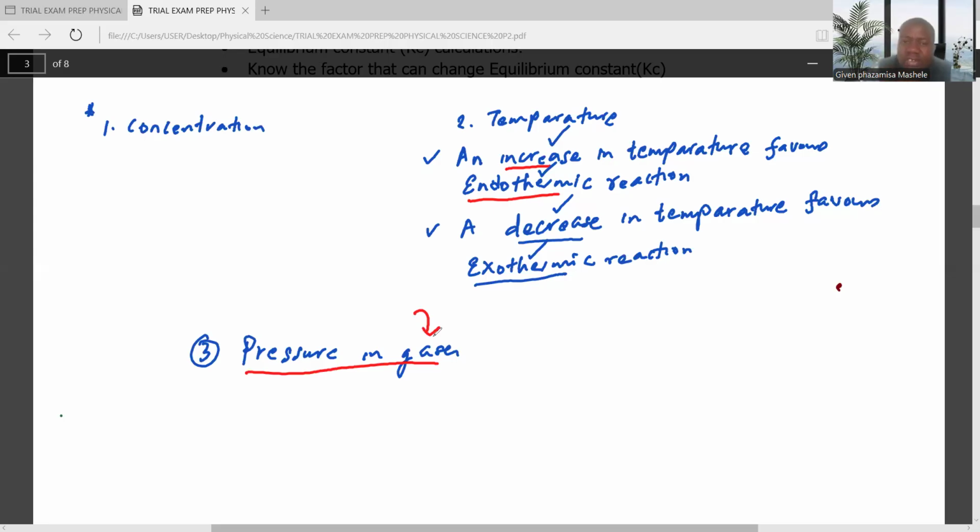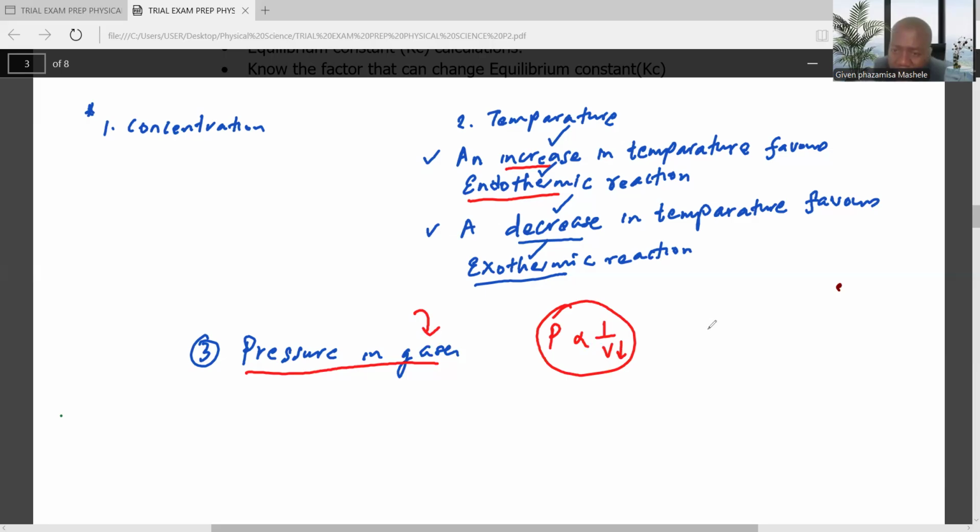Gas phase, not aqueous, not solid. No. Right. In terms of pressure, according to Boyle's law, pressure is inversely proportional to volume. So what does this mean? An increase in pressure decreases volume. A decrease in pressure increases volume.